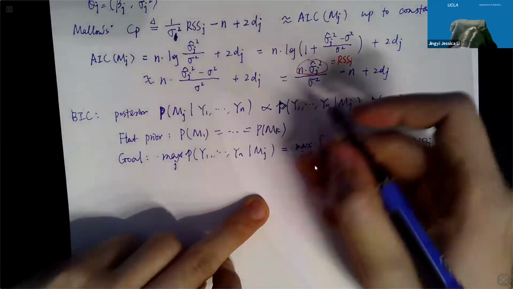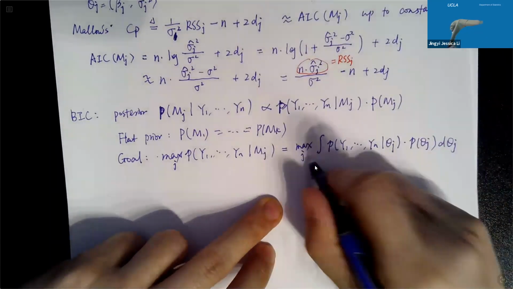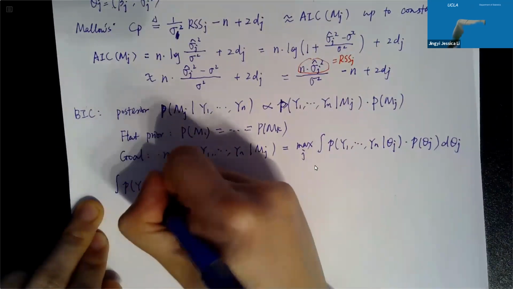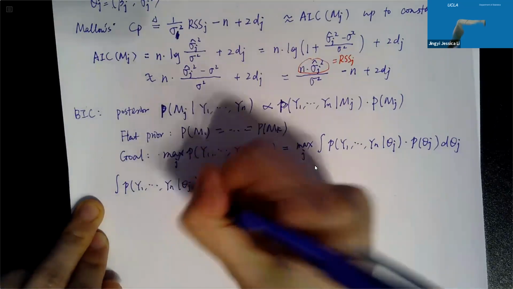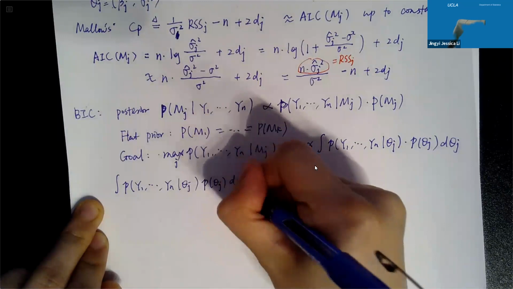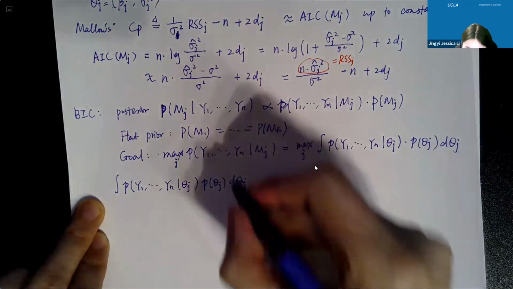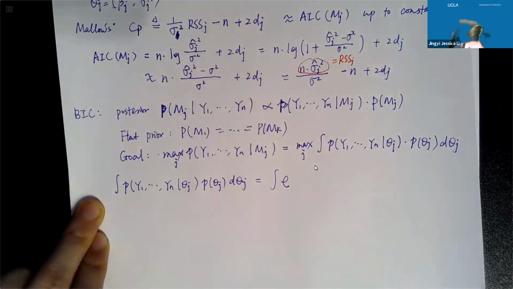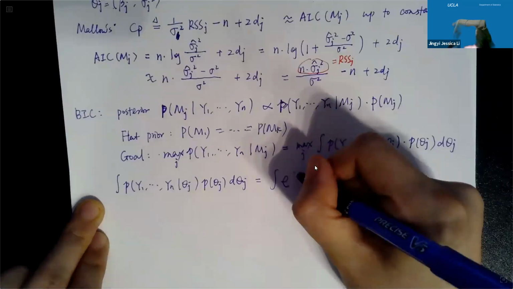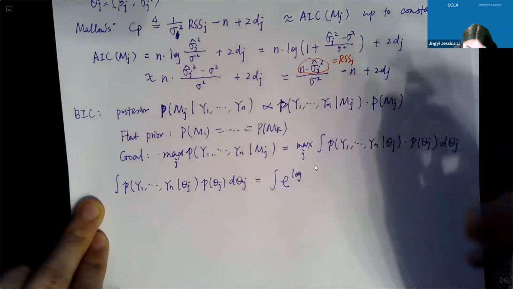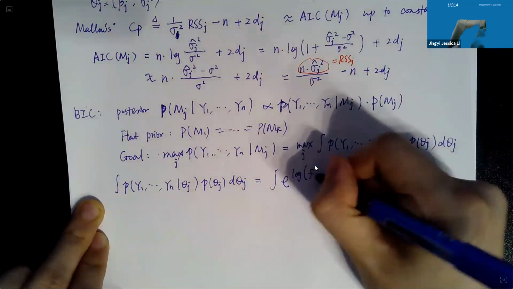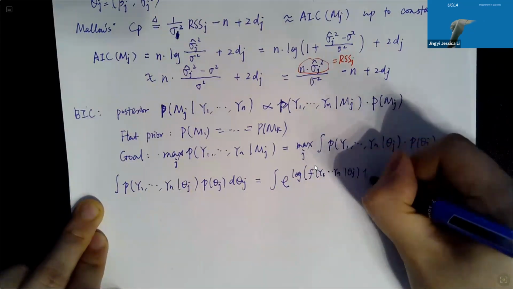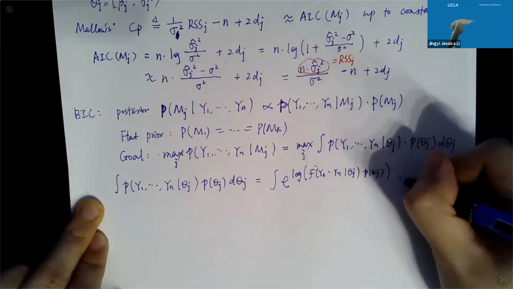So what we're going to do next is for this part, this integral of the density y1 to yn given theta j. This is the integral we want to do. So we just write it as exponential to the log of two terms: the density y1 to yn given theta j, times p theta j, d theta j.